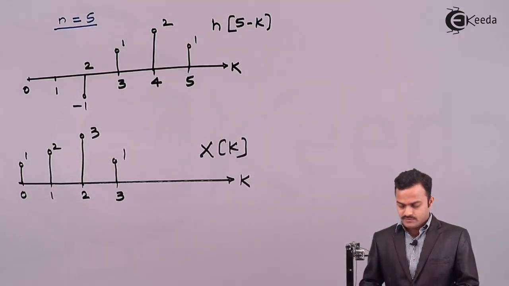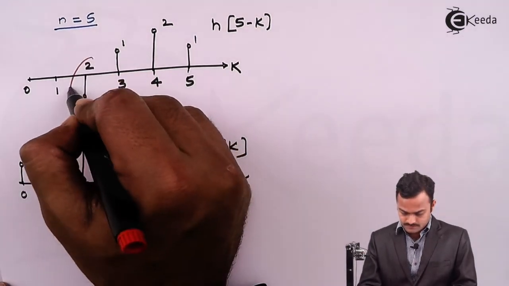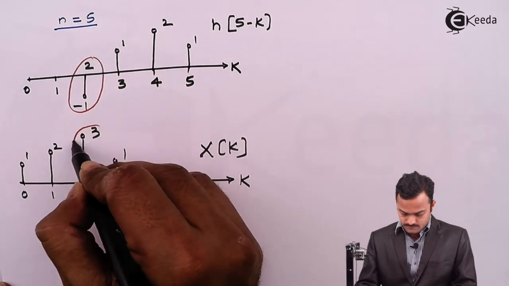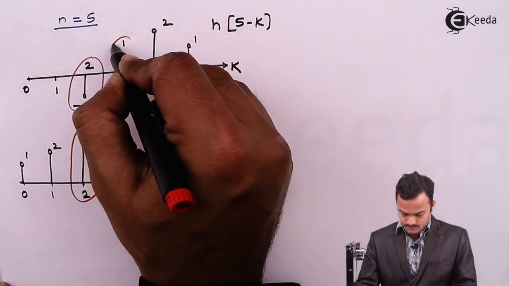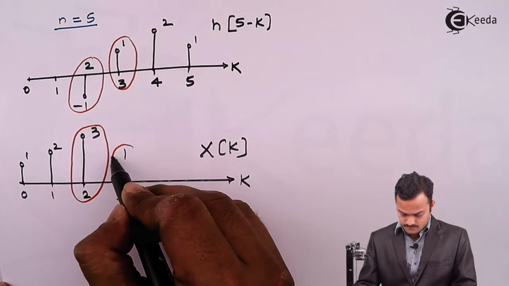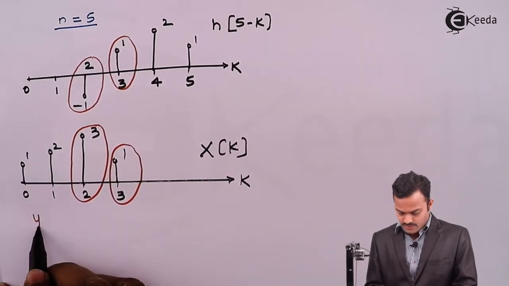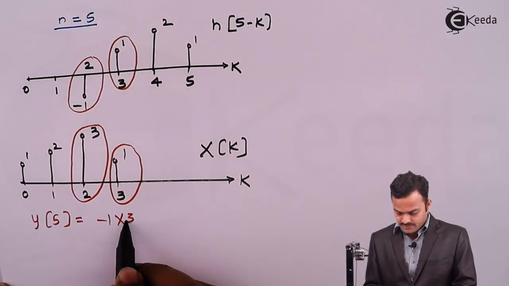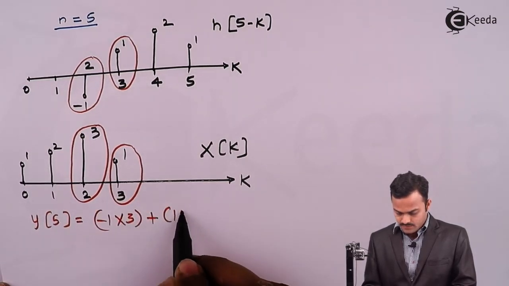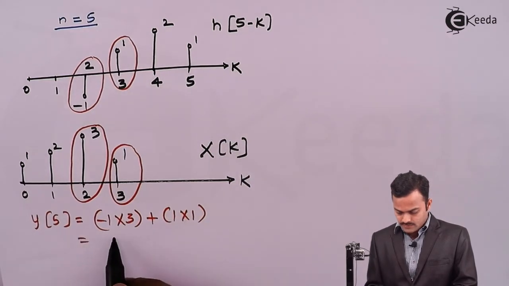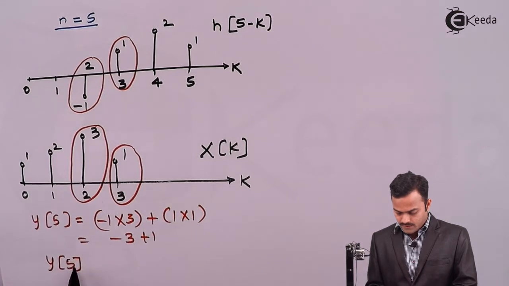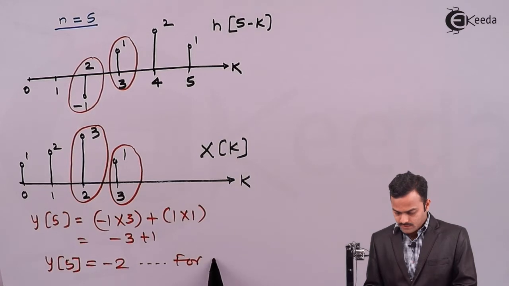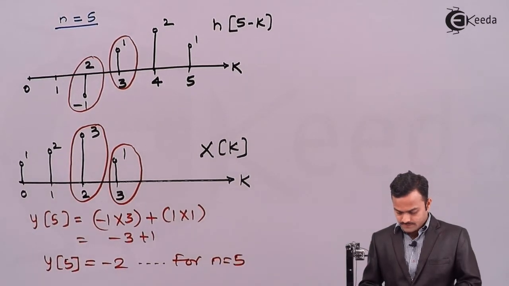So the sample points which are common are these. Which is y of 5, nothing but -1 multiplied by 3 plus 1 multiplied by 1. So it's -3 plus 1. y of 5 is -2 for n equal to 5.